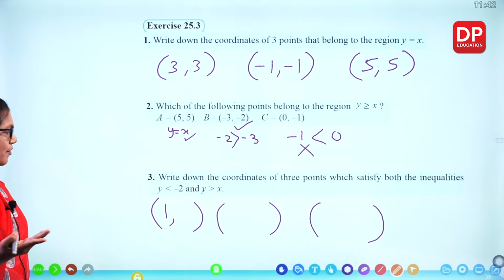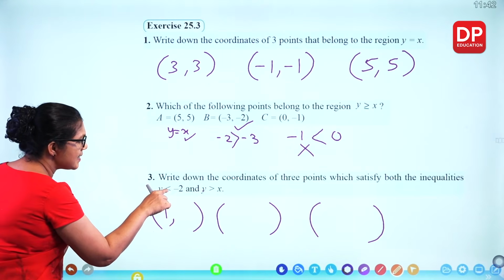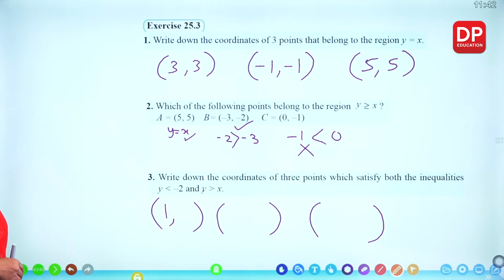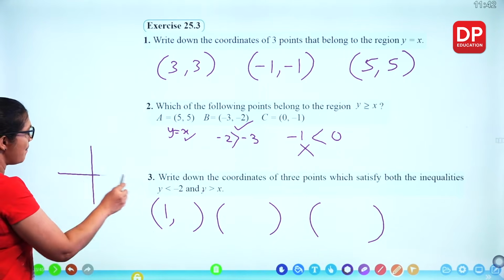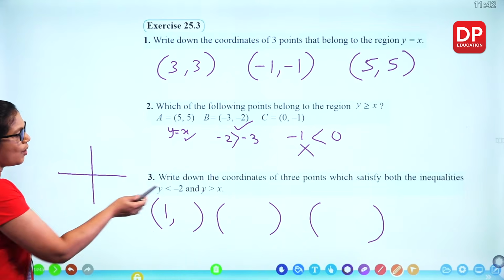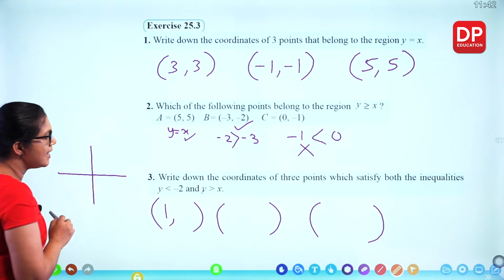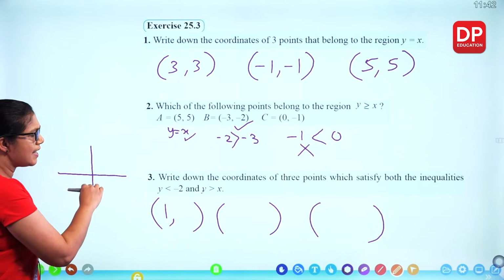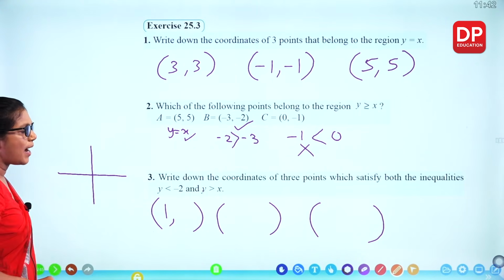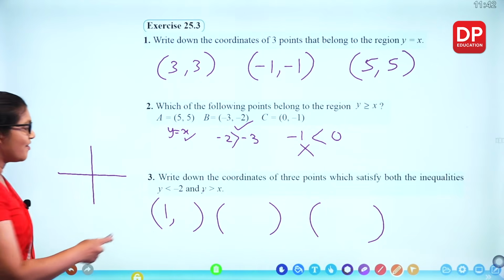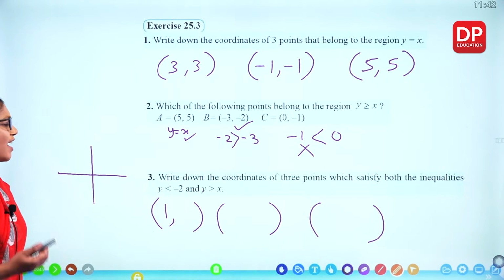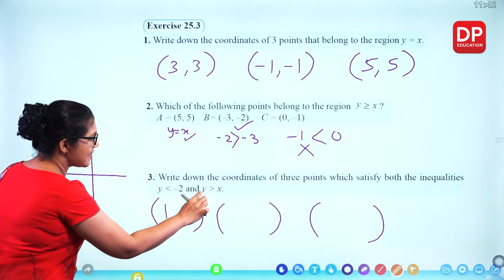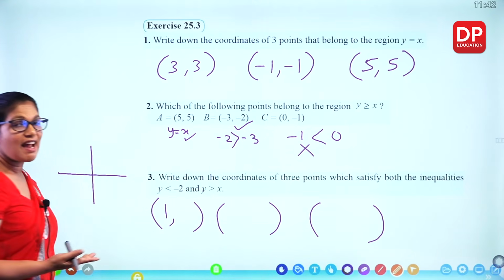So any y value greater than 1, but it says y should be less than -2 as well. If you are taking the number line, any value greater than x but less than -2. Less than -2 means any value below -2. So we can't write 1 there, because there's no value greater than this but less than -2.